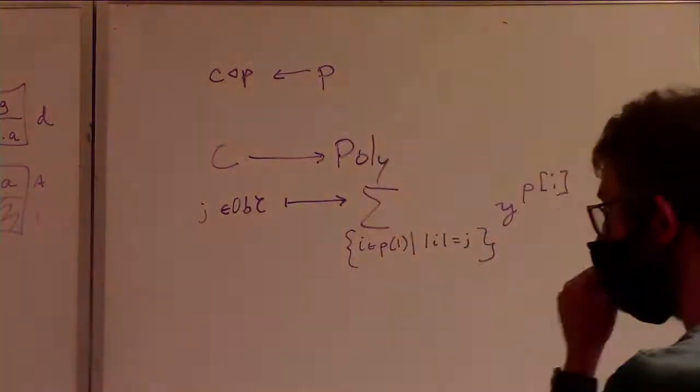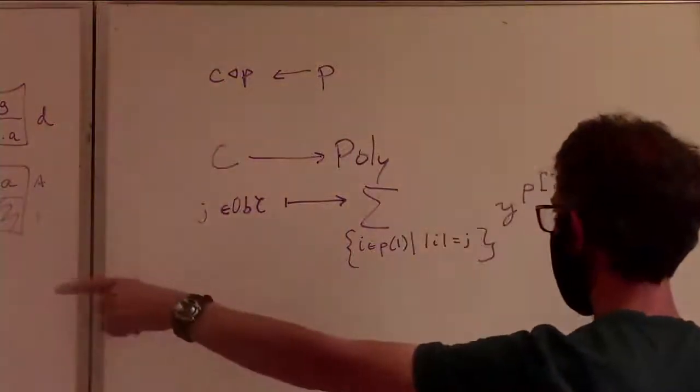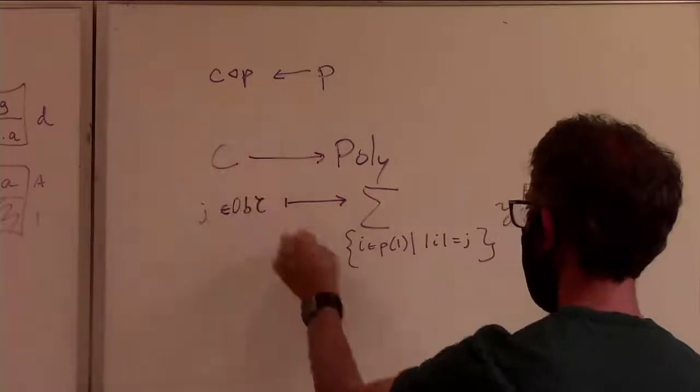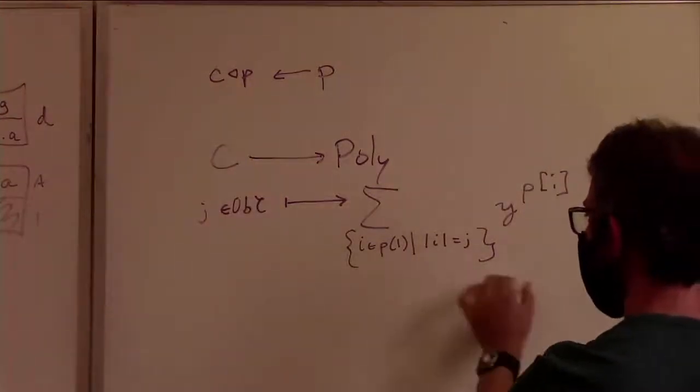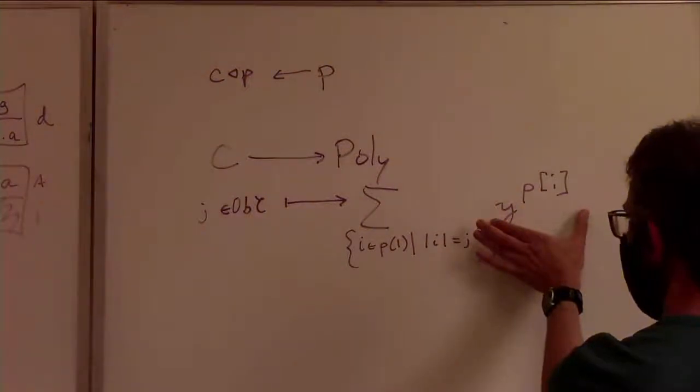So why does this work? It's saying that if I have this map here, we're going to go over to that part of the board, and we're going to see that if I fix a j in C, an object in C, then all of the positions in P that map to it, along with all of their directions, gives us a polynomial. I mean, that's just automatic.